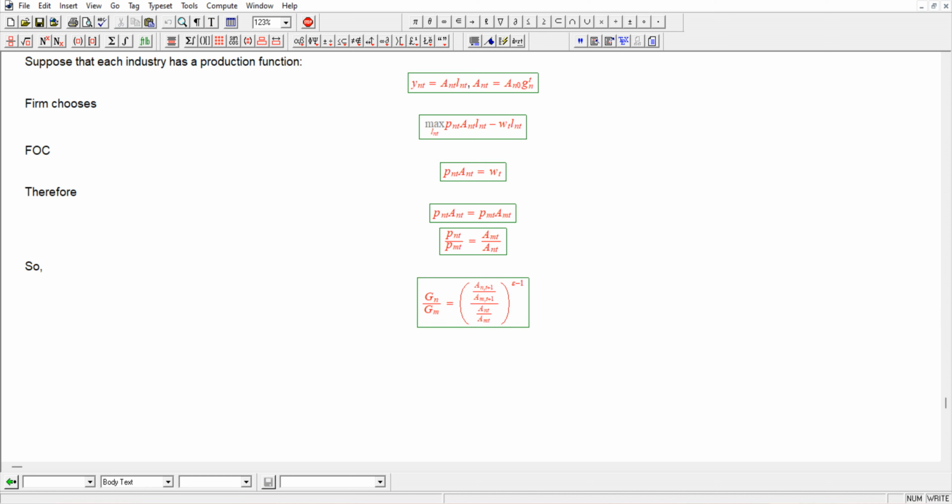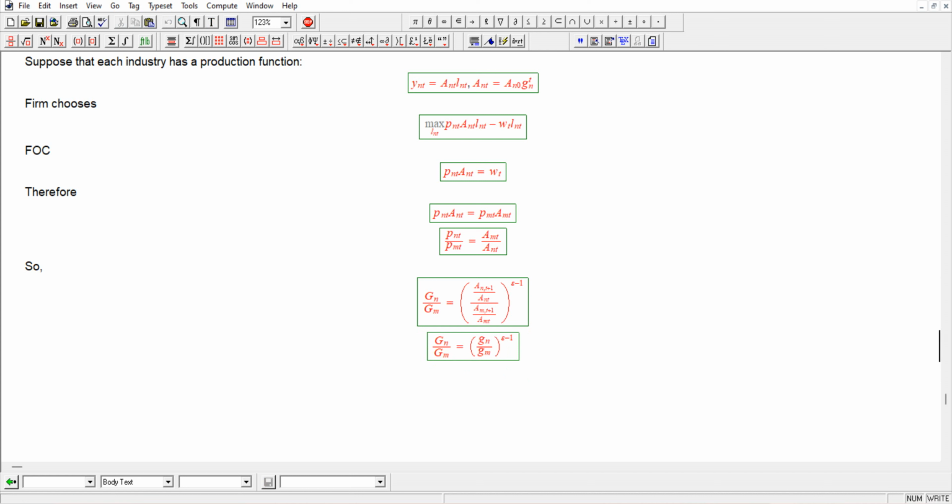And now one final substitution, again observing that this is the same as this. We can just write G sub n and G sub m. So now we're done.